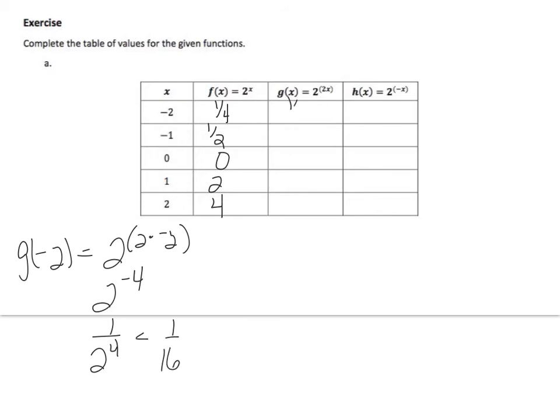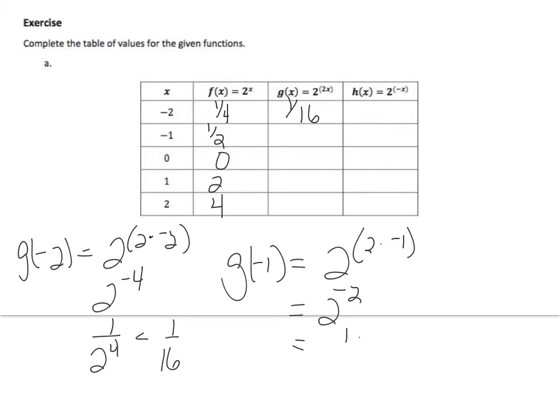These are all exponent rules that you are supposed to have memorized. G of negative 1, 2 to the 2 times negative 1, 2 to the negative 2, 1 over 2 to the 2, which is 1 over 4. 2 to the 0 is 1.